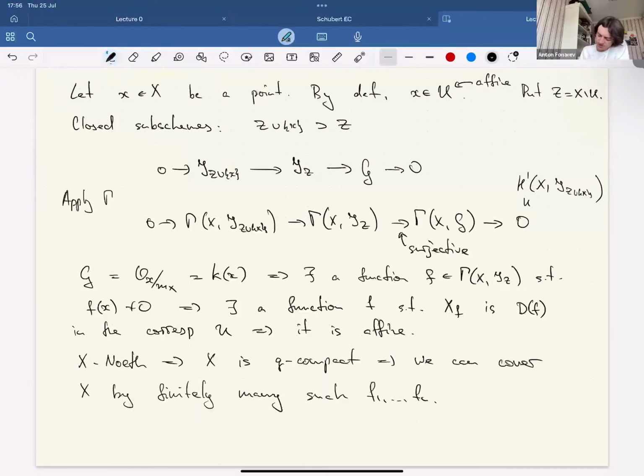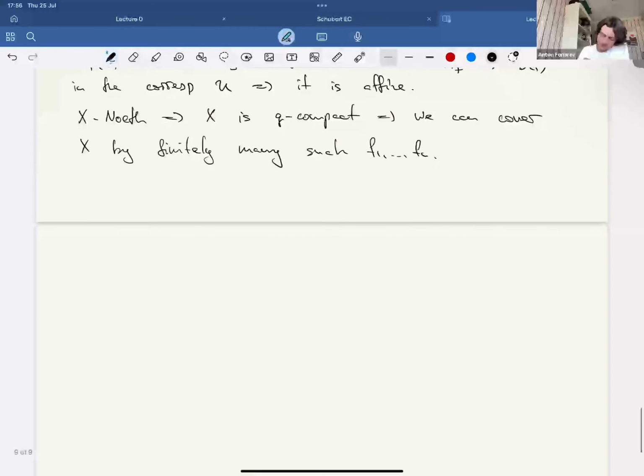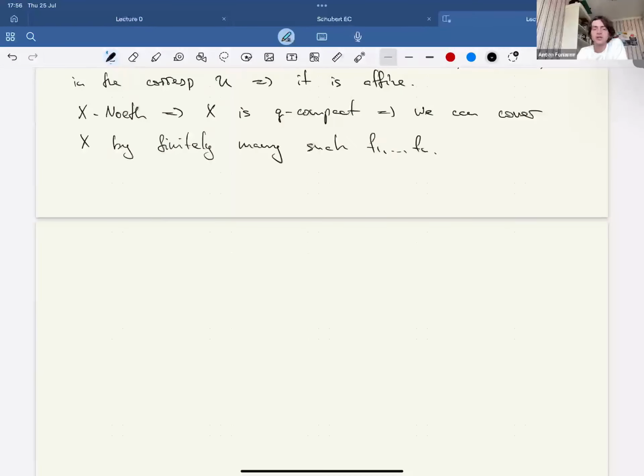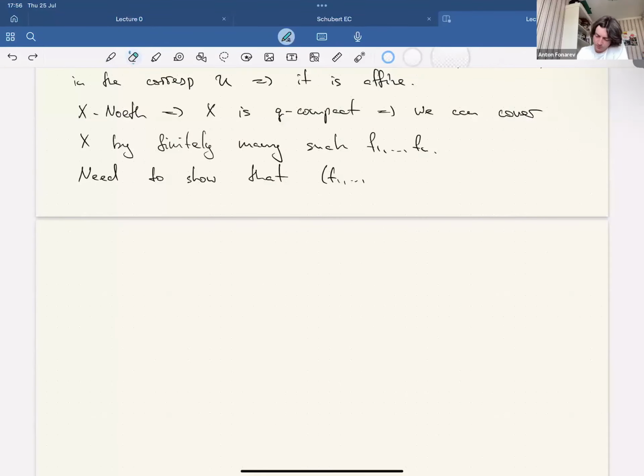We are left with verifying that these generate the whole global sections of the space. So we need to show that f_1, ..., f_n generate O_X of X.